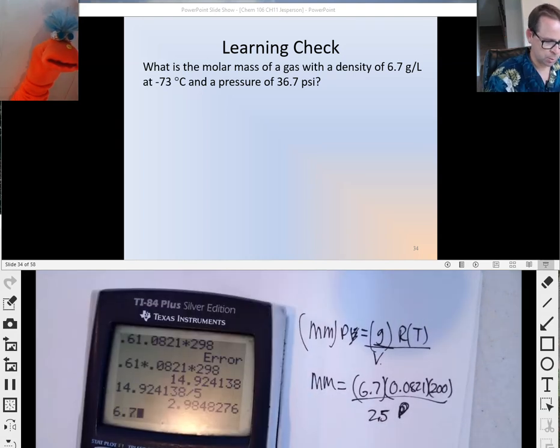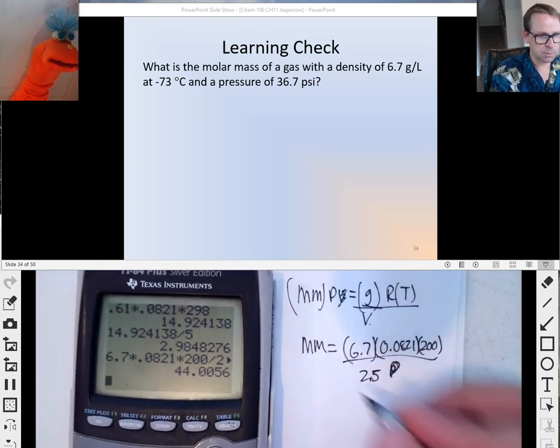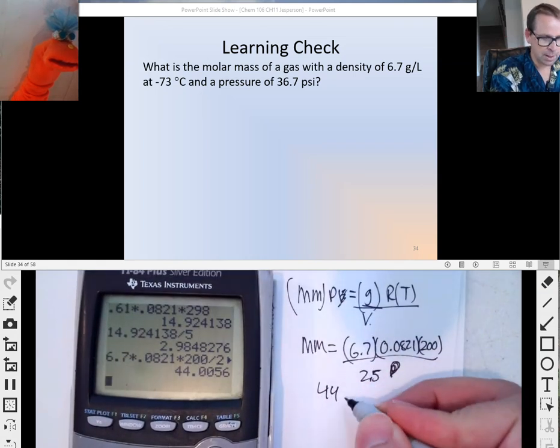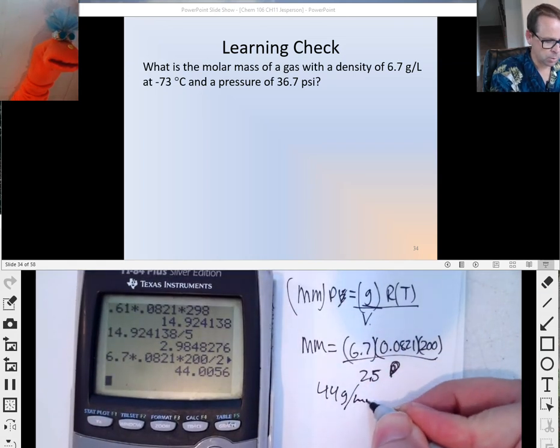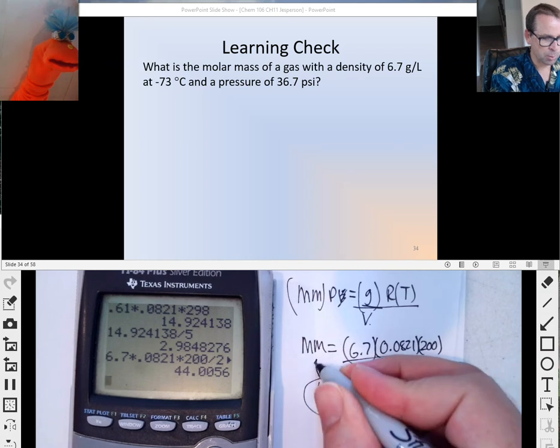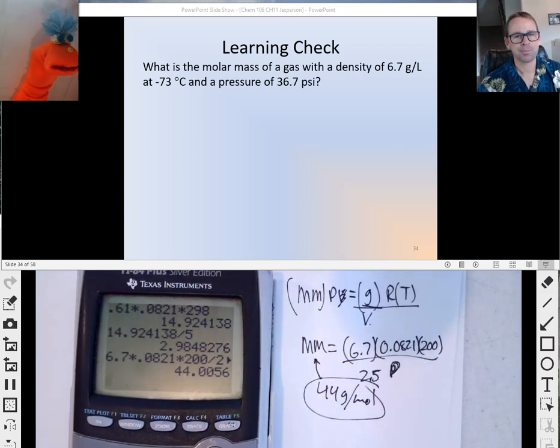So now we go 6.7 times 0.0821 times 200 divided by 2.5, 44, and that is in units of grams per mole, and so that is the molar mass. All right.